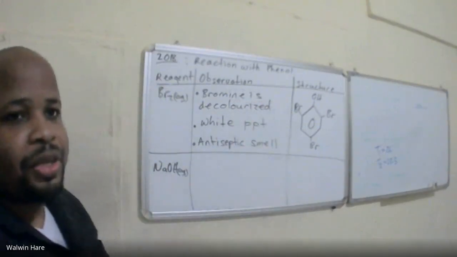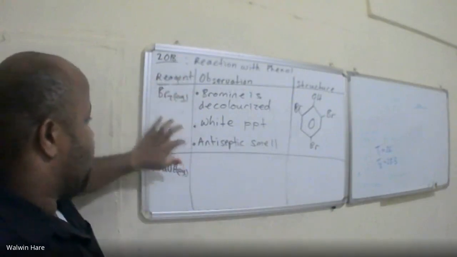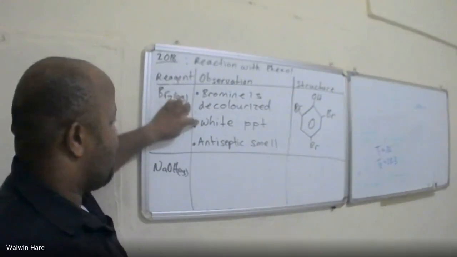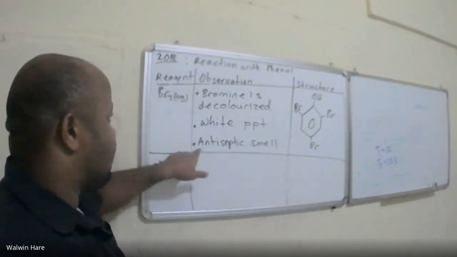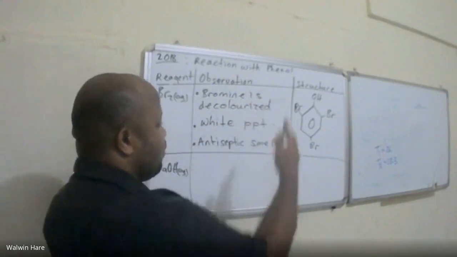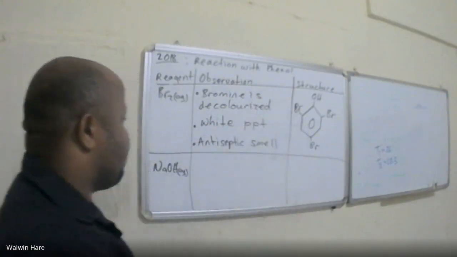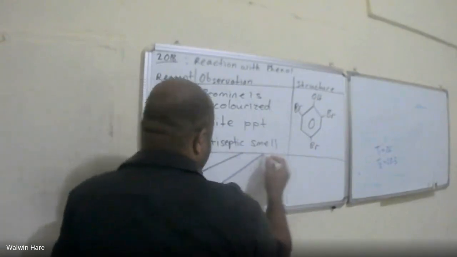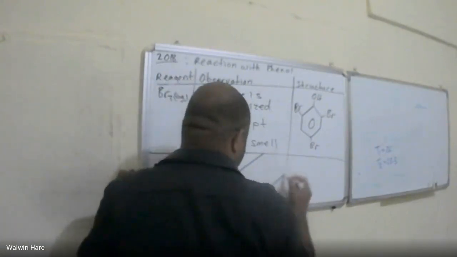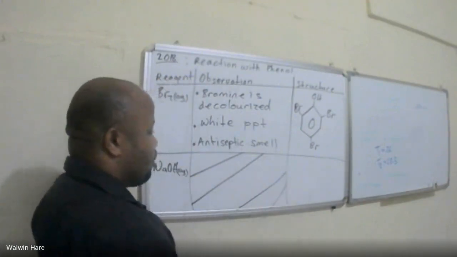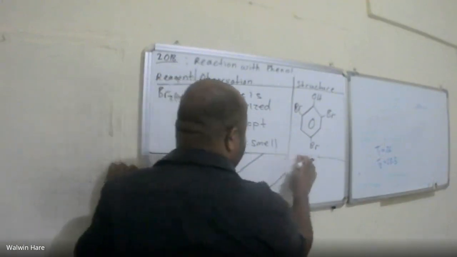So these are the three observations that we would have. The bromine is decolorized, we get a white precipitate and an antiseptic smell. The structure is 2,4,6 tribromophenol. For this one on the paper, the observation portion was blocked out, so all we need to propose is a structure.